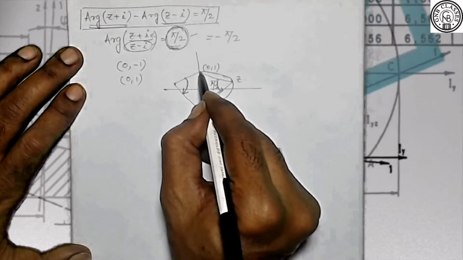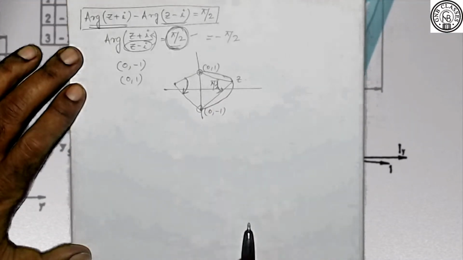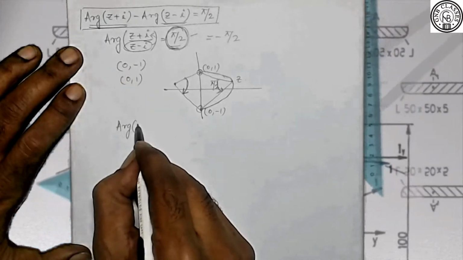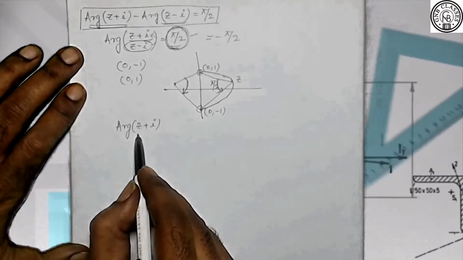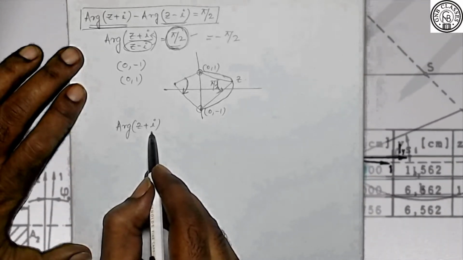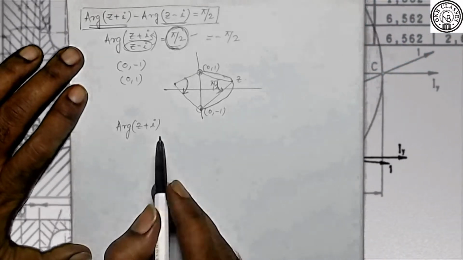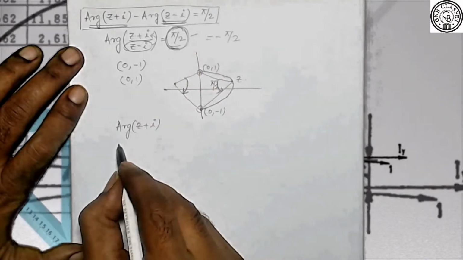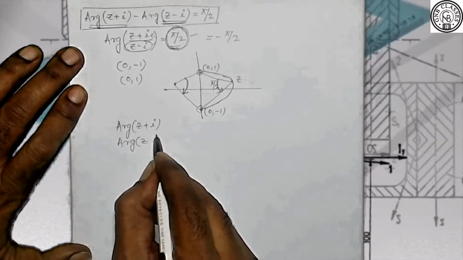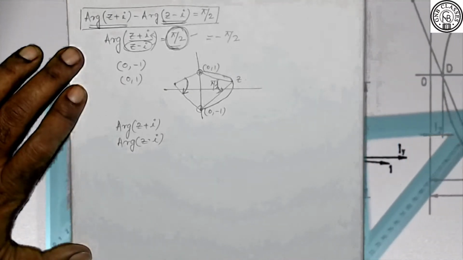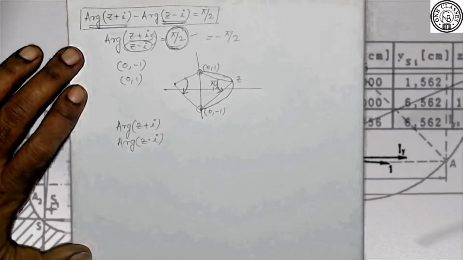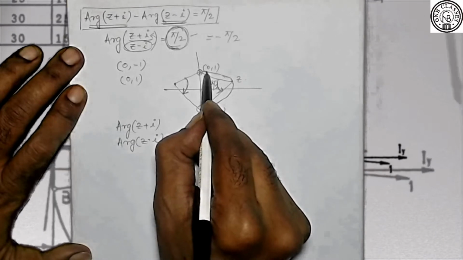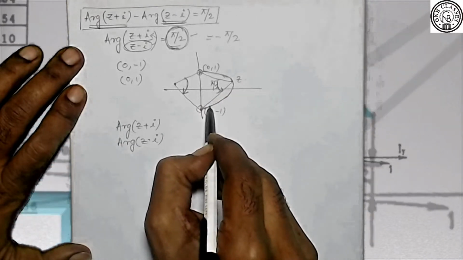But remember one thing, this point and this point are excluded, because when we are calculating argument of z plus iota, that is a ray emanating from the point (0, minus 1), and (0, minus 1) is not included. Same thing with this one also. When we are calculating z minus iota, (0, 1), the point from where the ray is emanating, is not included.